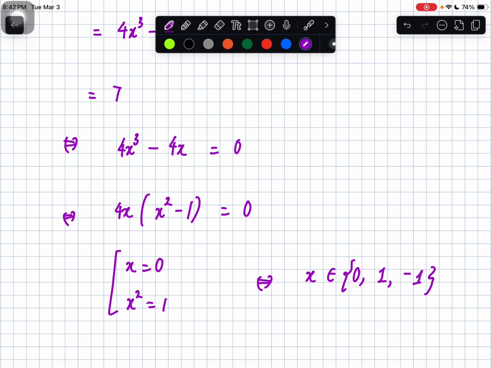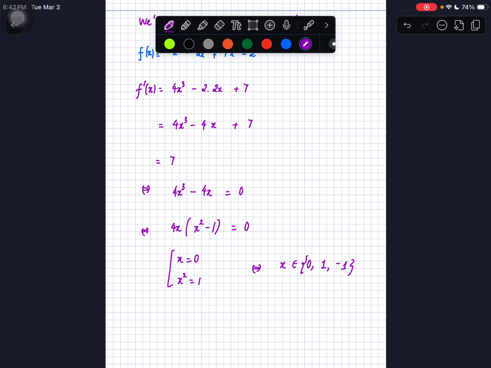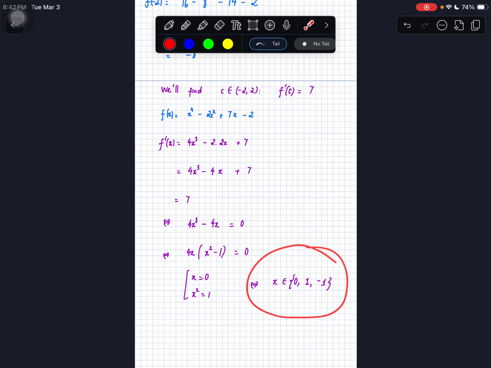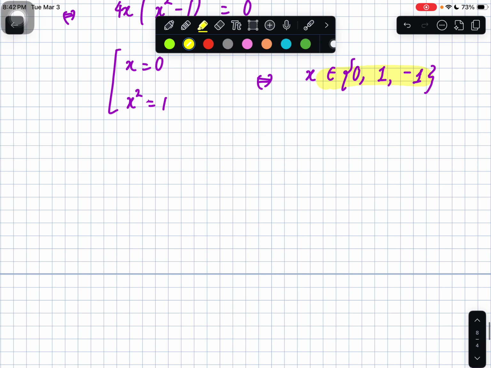So we have three possible values here, 0, 1, and -1, and all of them are in the interval -2, 2. So these are our values for c. c belongs to the set {0, 1, -1}.